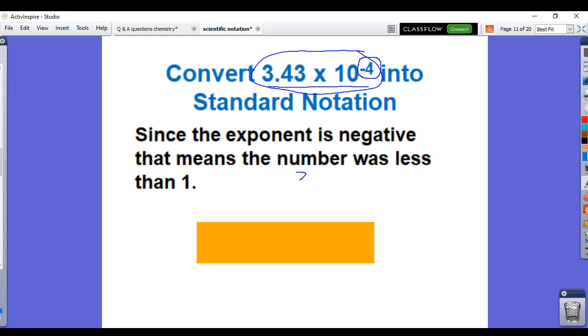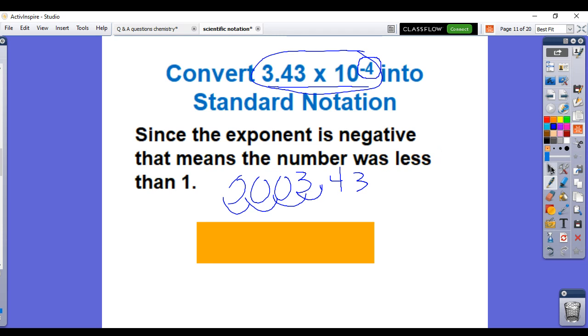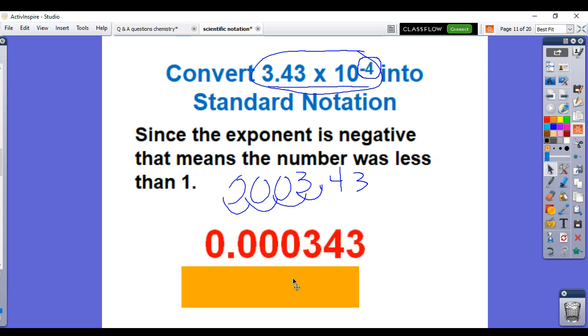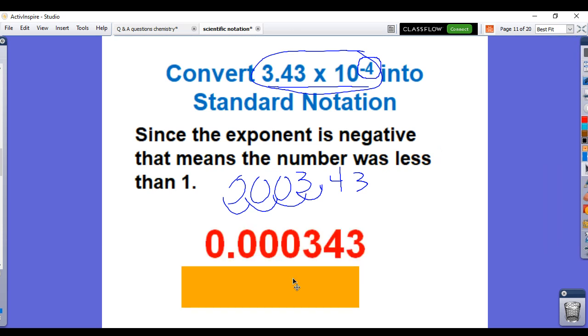So if we have 3.43, I'm going to move it 1, 2, 3, 4 places to the left. And there's your answer, 0.00343. So always remember that when it's a negative exponent, you move your decimal to the left. If it's a positive exponent, you move your decimal to the right.